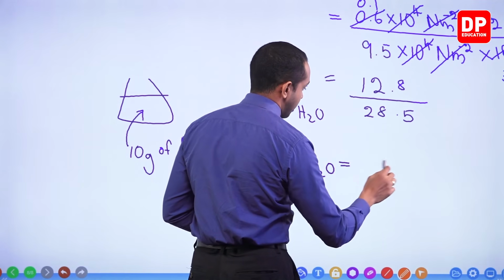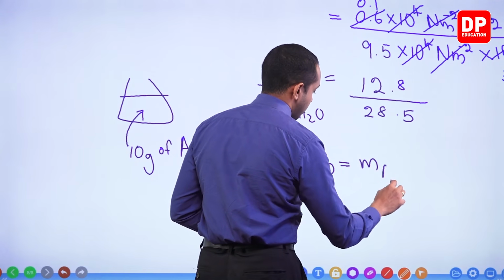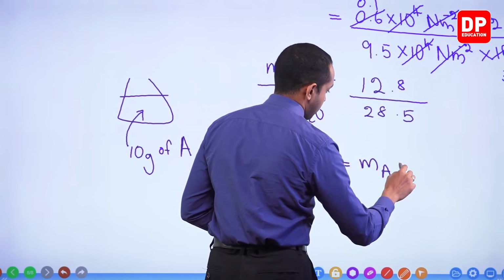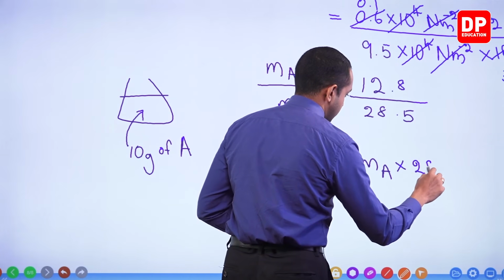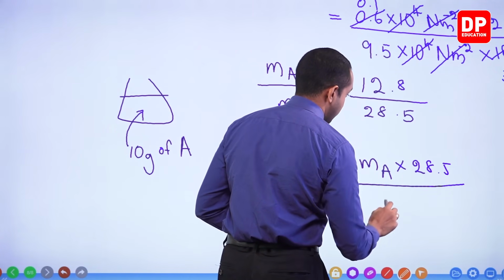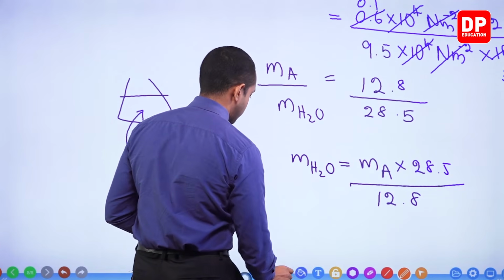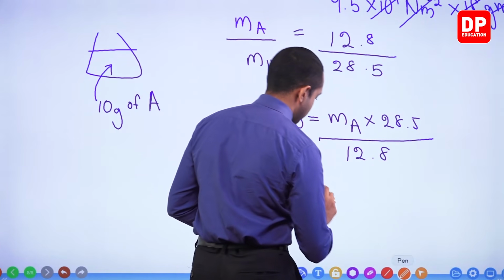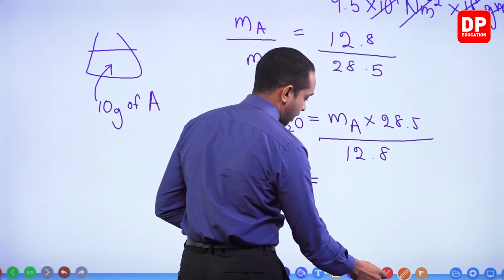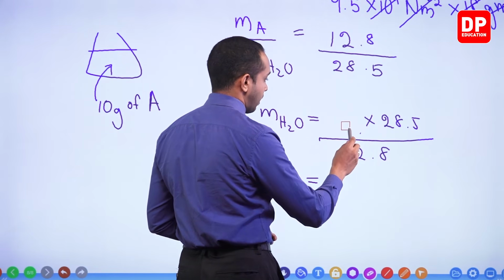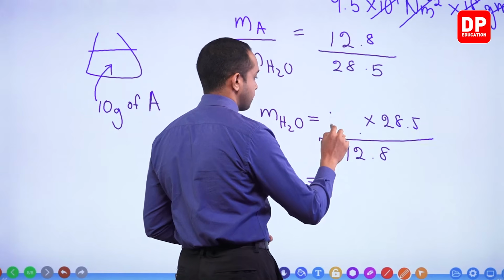That means we have MA multiplied by 28.5 divided by 12.8. So we know MA is 10, so directly we can just write that here, 10 grams.